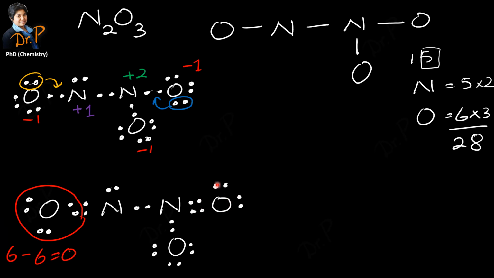And this oxygen atom is very similar to this one. So we can assign the other double bonded oxygen also a 0 formal charge. What about the other oxygen atom? You can see it has the same electronic environment. Its formal charge is -1 again.